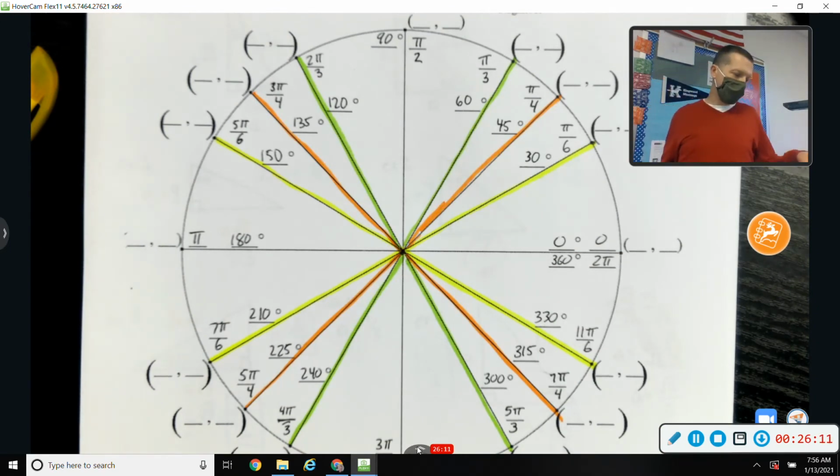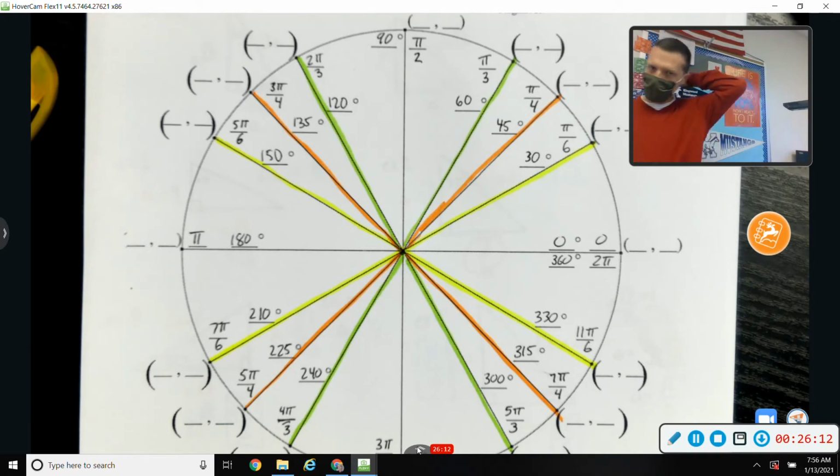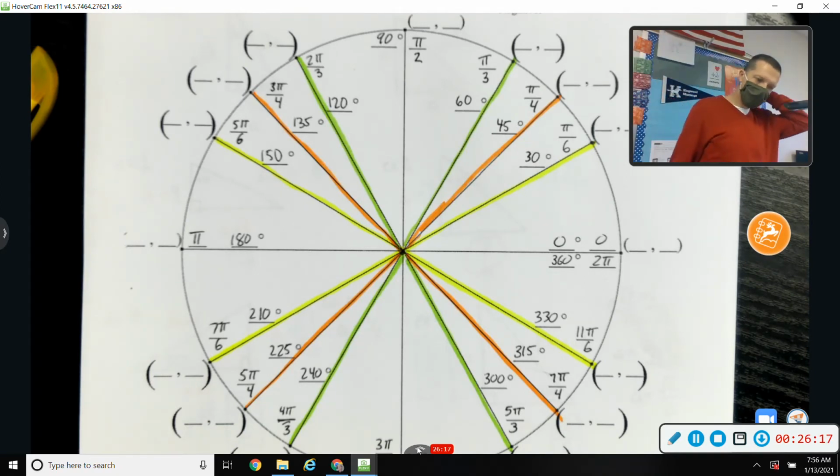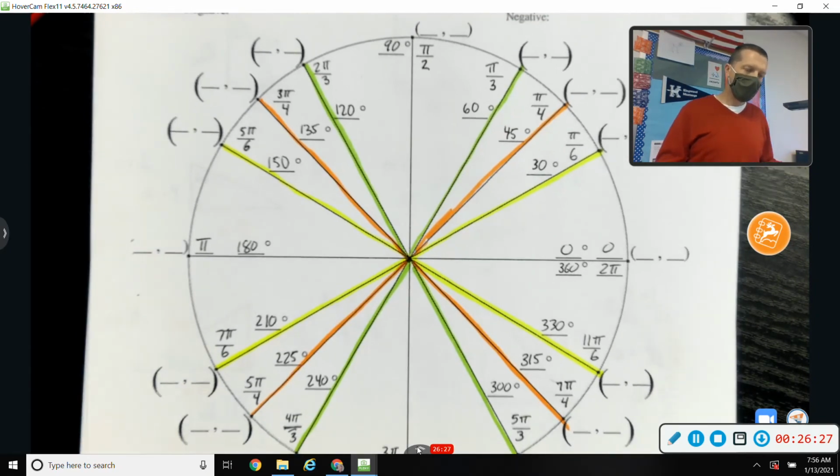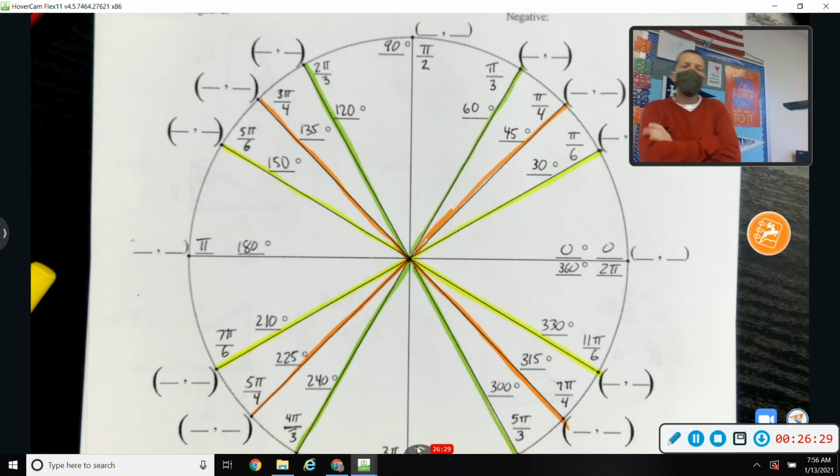Highlight all the ones that are over 3. And we could say the same things about the 3s that we did the 4s and the 6s. Lots of symmetry, reference angle, all pi over 3, or 60 degrees.